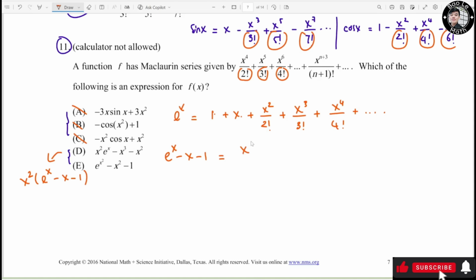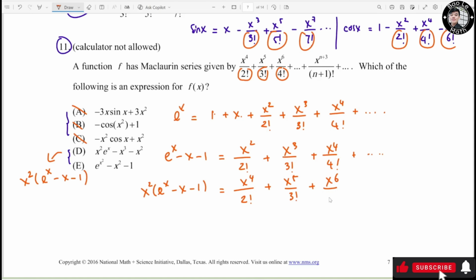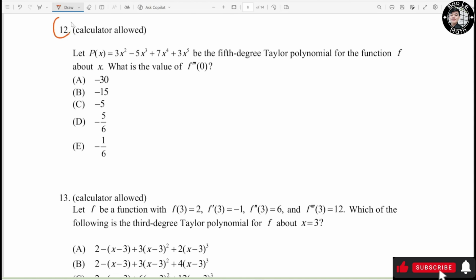I'm going to have s squared over 2 factorial plus s cubed over 3 factorial plus s to the 4 over 4 factorial plus etc. I'm going to multiply both sides by s squared. So we have s squared times e to the s minus 1 equals s to the 4 over 2 factorial plus s to the 5th over 3 factorial plus s to the 6th over 4 factorial plus etc. Right? So the answer must be D. Now let's move on to question 12.